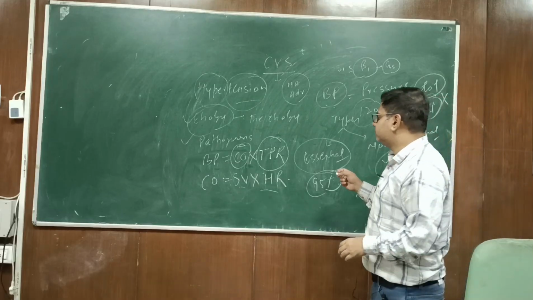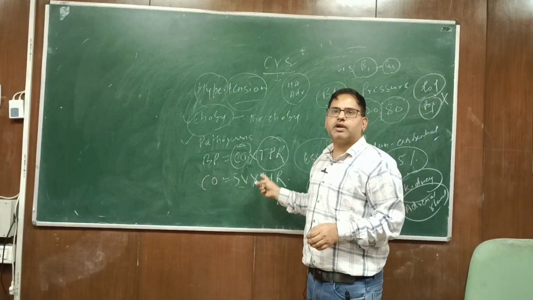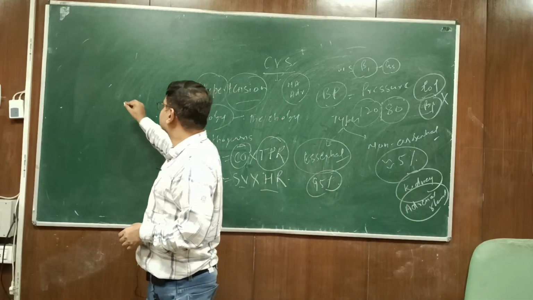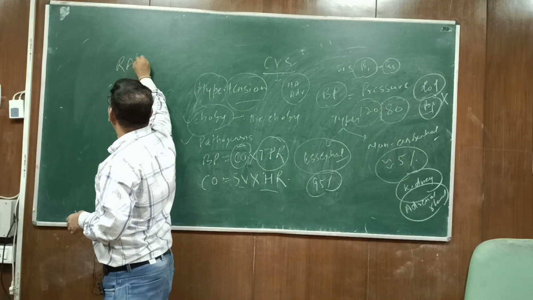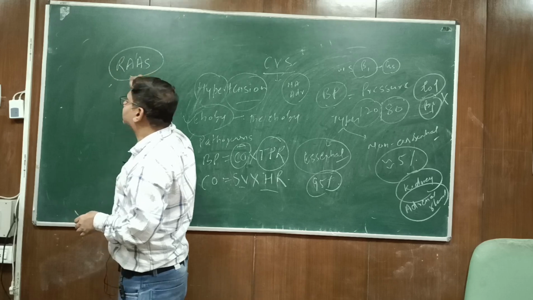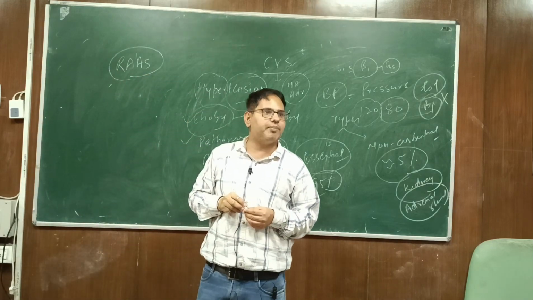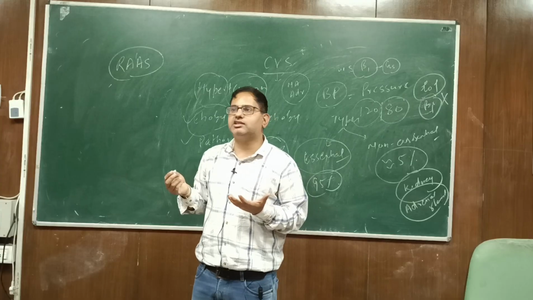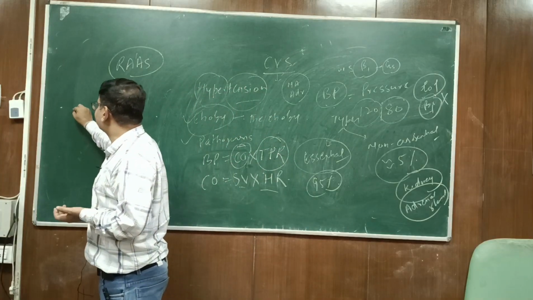Another thing is how blood pressure can be increased: over-activation of your RAS. If your RAS is overactivated, it could result in hypertension. Overactivation of RAS means renin is released from the kidney.